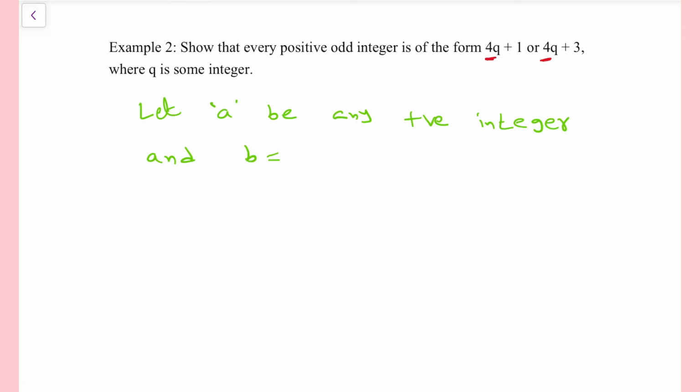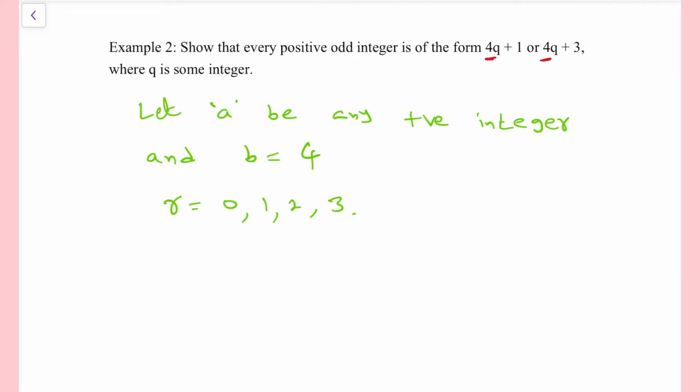So the b value will be 4. If the b value is 4, then what are the possible remainders? 0, 1, 2, 3. Always the remainder will start from 0 and the remainder always will be less than the divisor. In this case the divisor is 4, so the remainder will stop at 3 only.